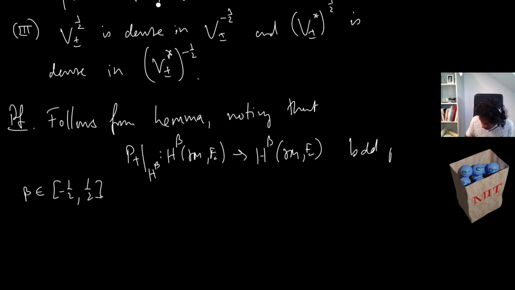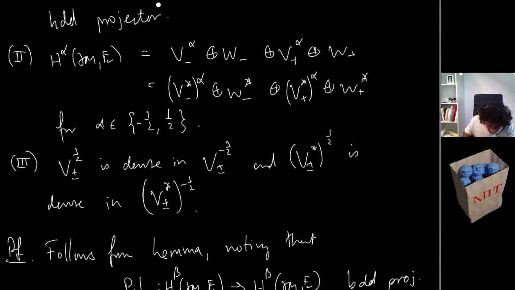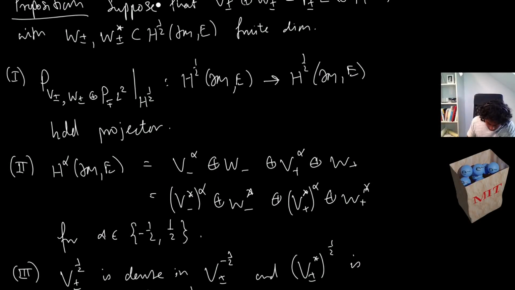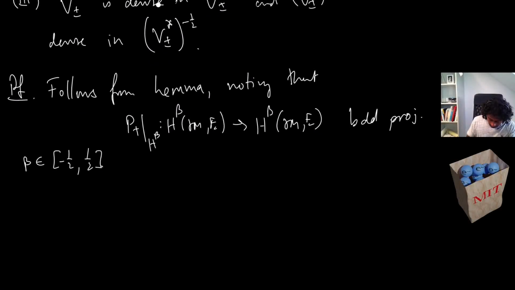This is a bounded projector. Of course, then 1 minus P plus will also satisfy that, the complementary projector. And that's really what needs to creep in, because we have a subspace here which is P plus minus of L2. And we need to know that when we intersect that space with the H alpha or the H minus alpha, if we close it, that we get the right spaces back, right? So that's the only thing to note. So it just follows from the lemma, and I'll leave the details as an exercise. Okay, so that's actually a good exercise to do.